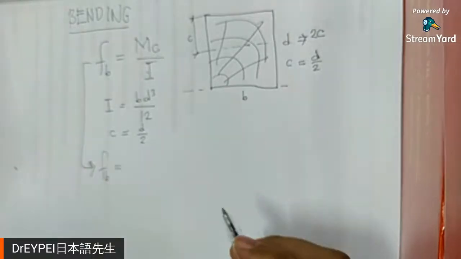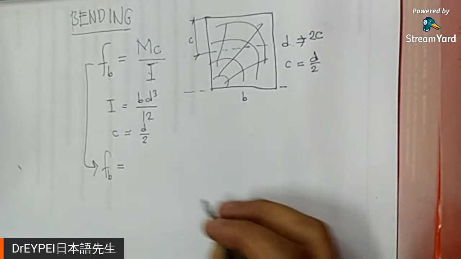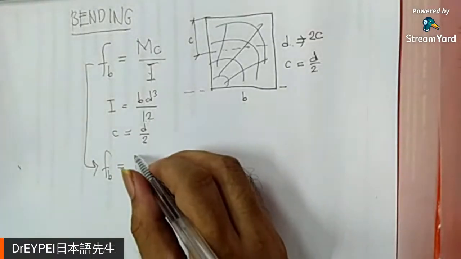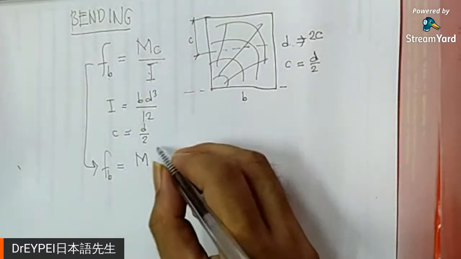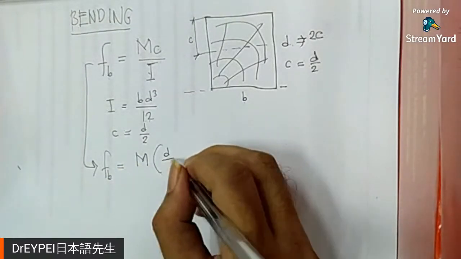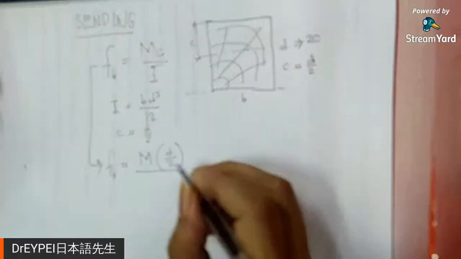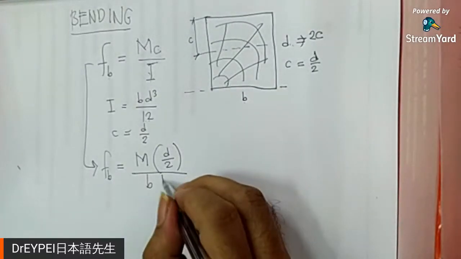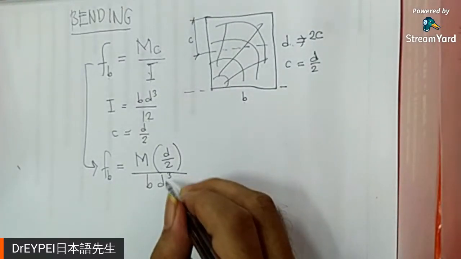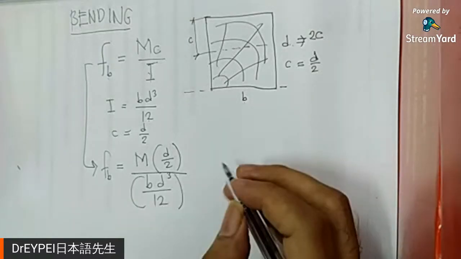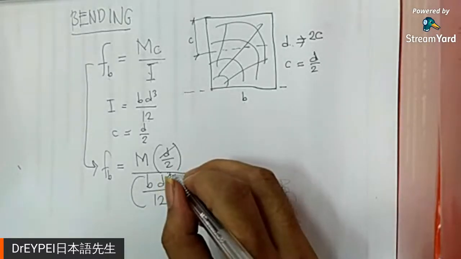our bending stress is now equal part. Let us simplify. BD cube over 12 and let us what? Cancel out 1 D because there are 3 D's in the denominator.